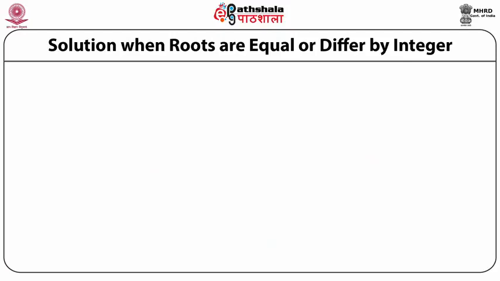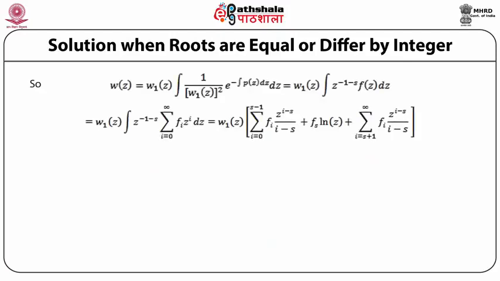Substituting these in expression for w of z, we get w of z is equal to w1 of z multiplied by the integral of 1 divided by square of w1 of z into e raised to power minus integral of p z dz is equal to w1 of z multiplied by the integral of z raised to power minus 1 minus s into f of z dz.